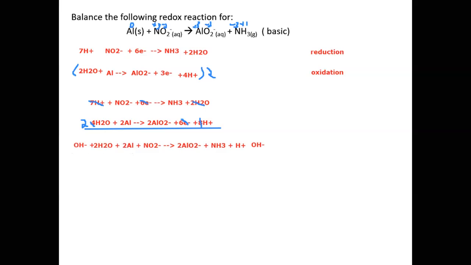Now, so what happens? Well, now we get OH minus plus 2H2O plus 2Al plus NO2 minus yields 2AlO2 minus plus NH3 plus H2O.